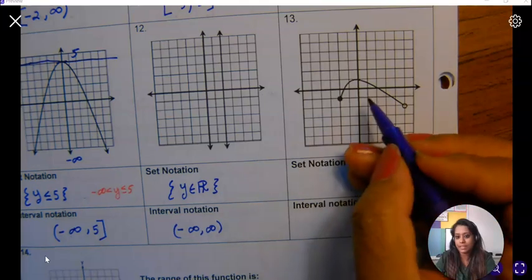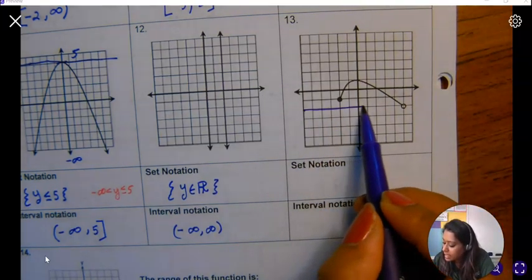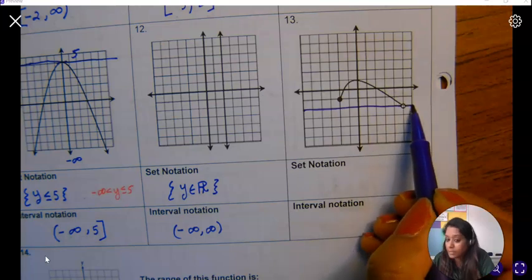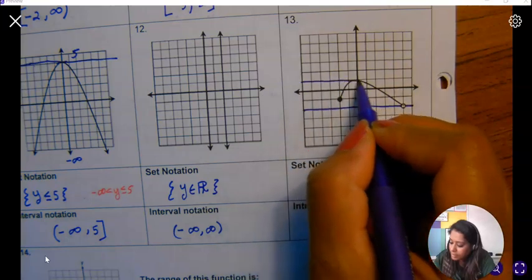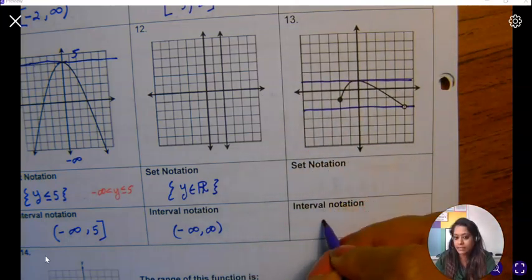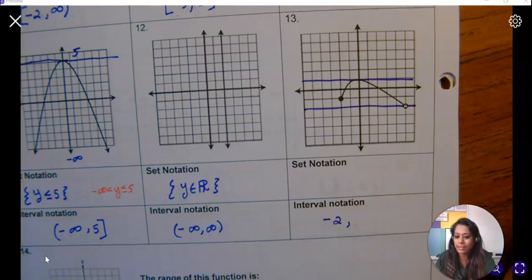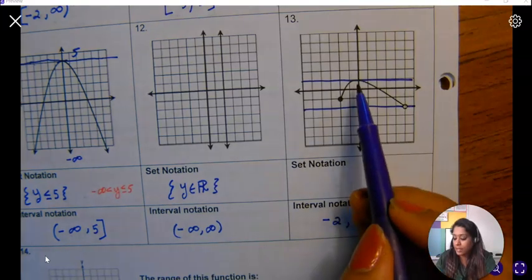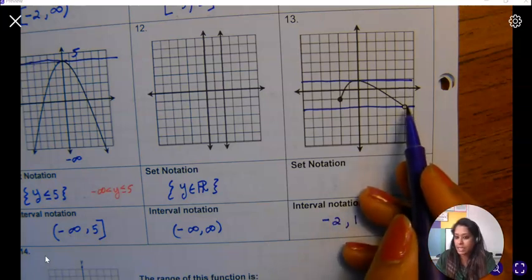All right. For this one, the lowest number looks like negative 2, with a hole at negative 2, and it goes up to, I don't know why I keep saying positive infinity, but I meant positive 1. At negative 2, there's an open circle, so it doesn't include it. It's not touching it right there.